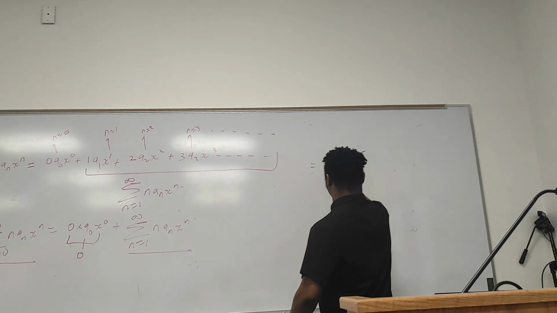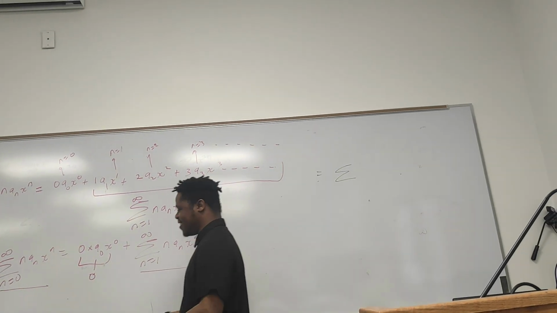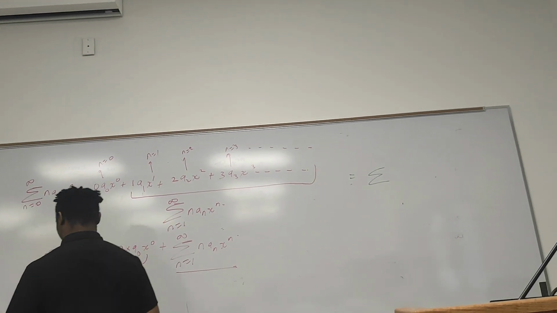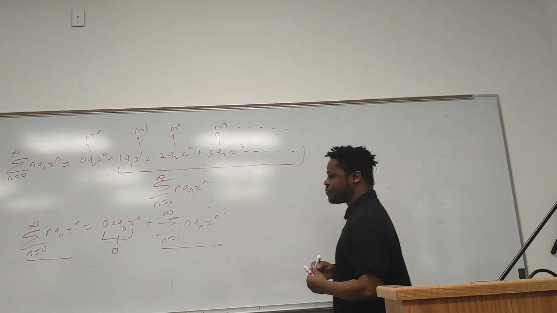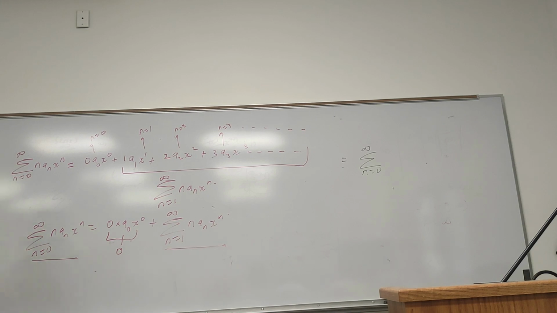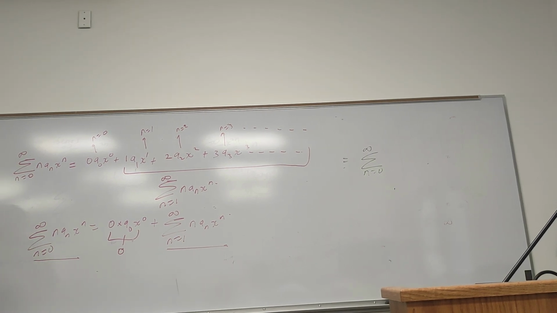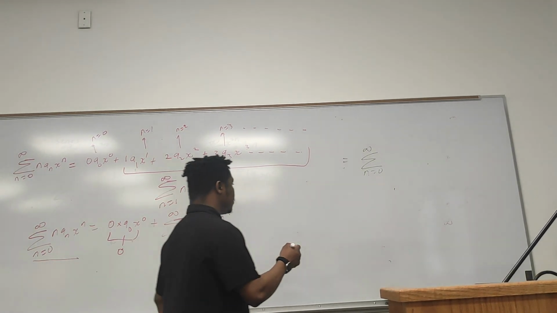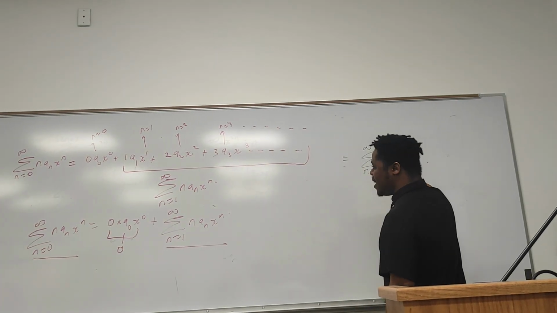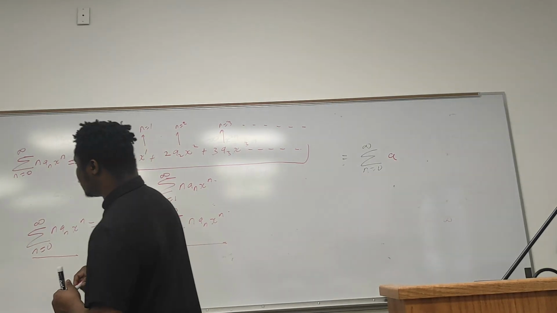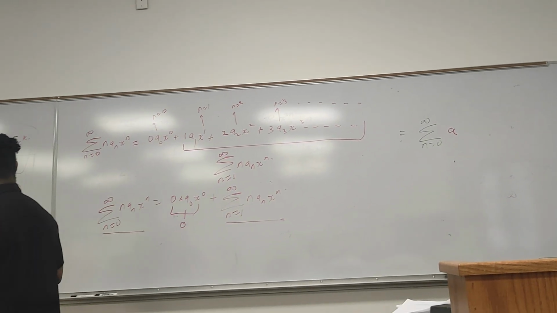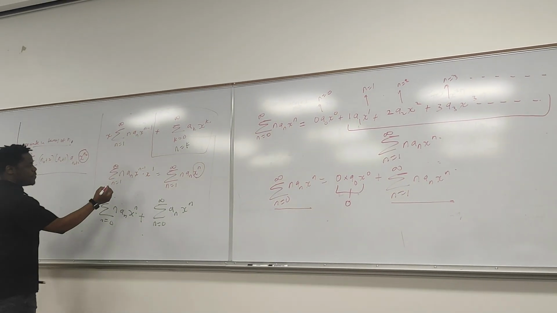It becomes summation n from 0 to infinity. These two guys appear here, right? So this is a_n plus 1. Someone should tell me, wake me up, please.